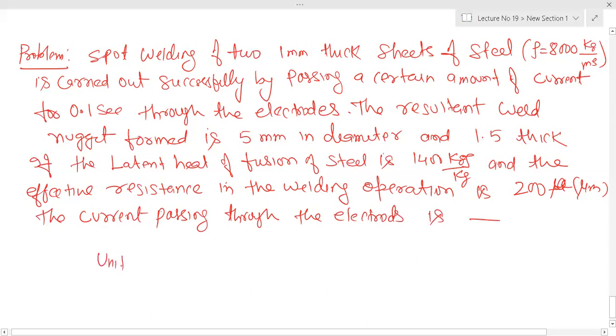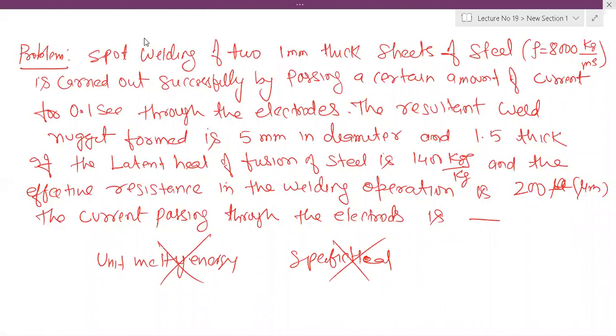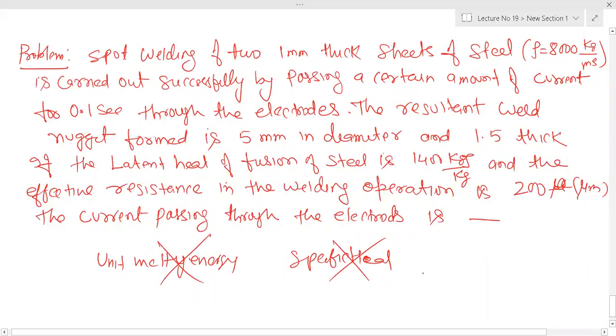Unit melting energy is not given. Specific heat is not given, so what to do? Ambient temperature is not given.